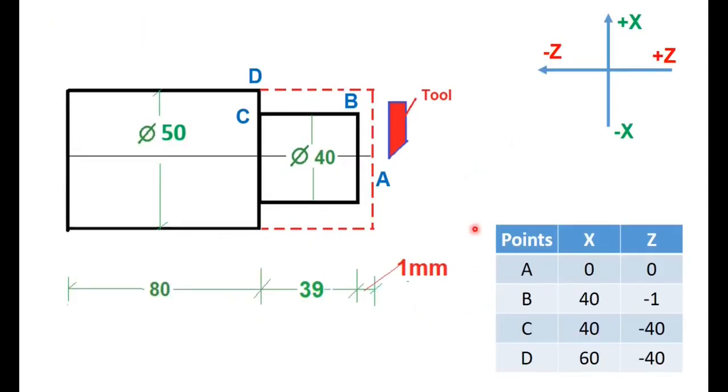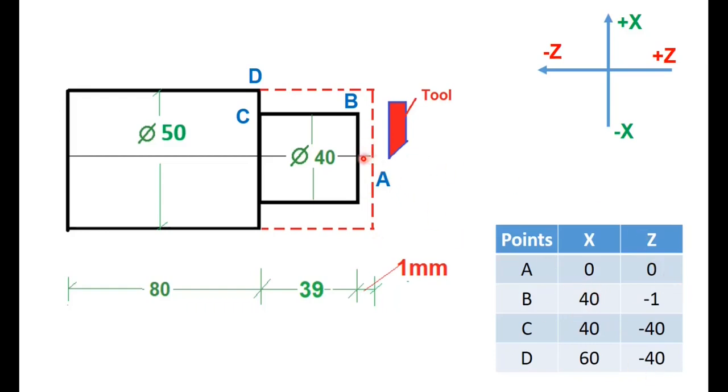When I'm starting the program, there are a few important points. First, I know point A, it is having X0 Z0. What about point B? Always remember X is to be defined diametrically. You don't have to take 20, you have to take 40 diametrically completely. So that is 40, but Z is regular.